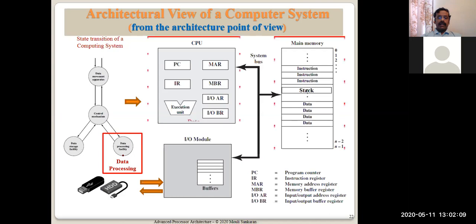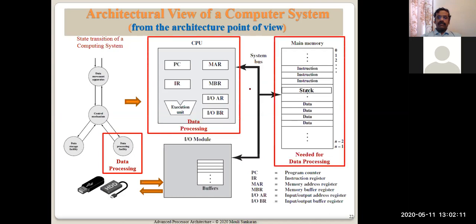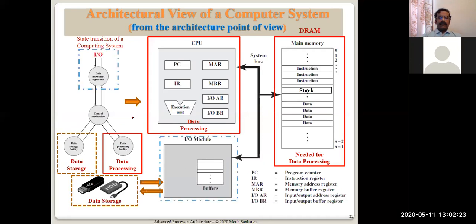So this is the flow of any instruction execution in a CPU. And for data processing, the CPU as well as data memory are involved. We have DRAM there, and then external storage is anything that you connect to the computing system. Okay, this you are all already aware. You should have this in the back of your mind when we talk about different architectures.